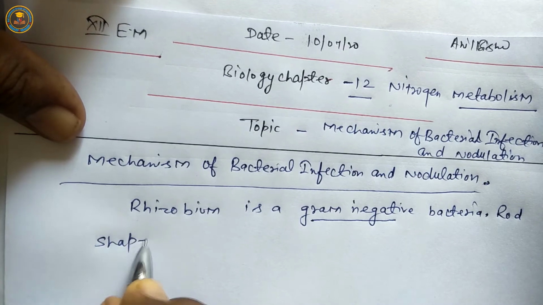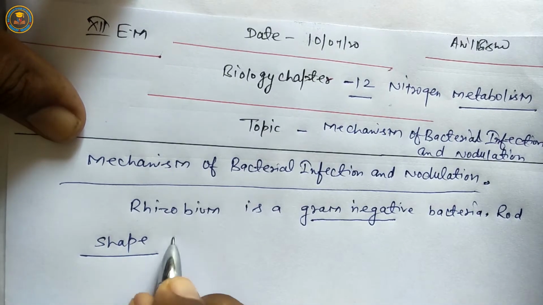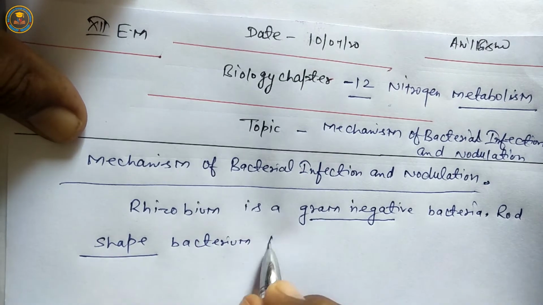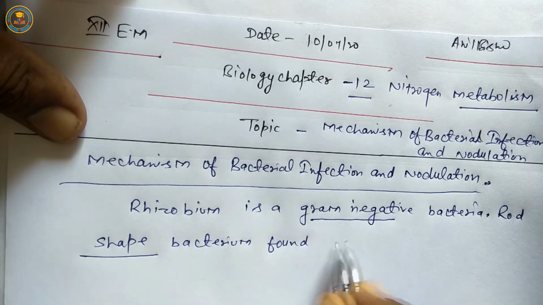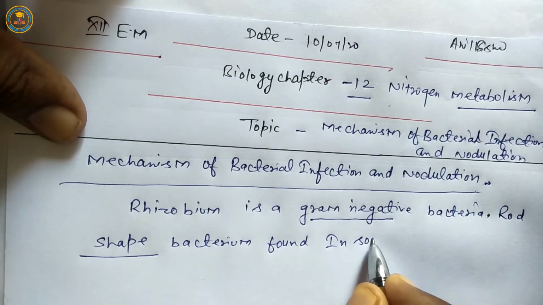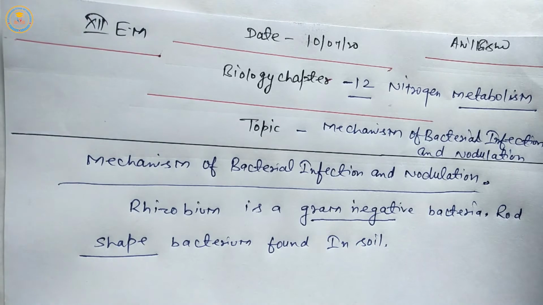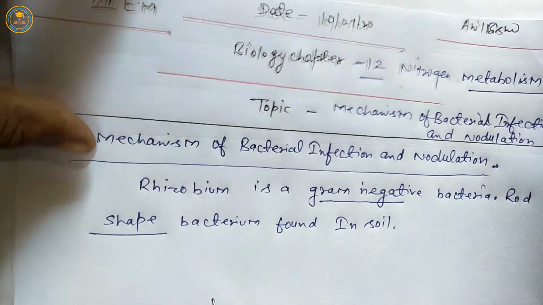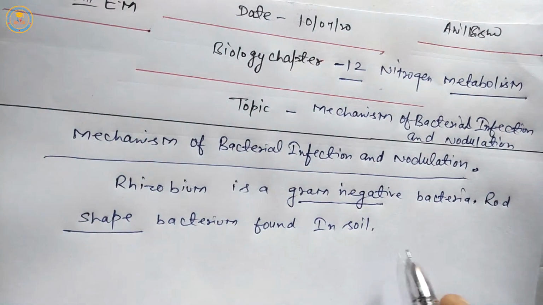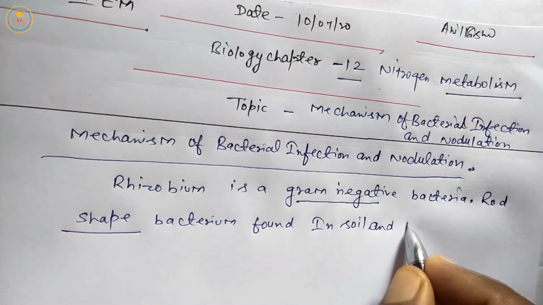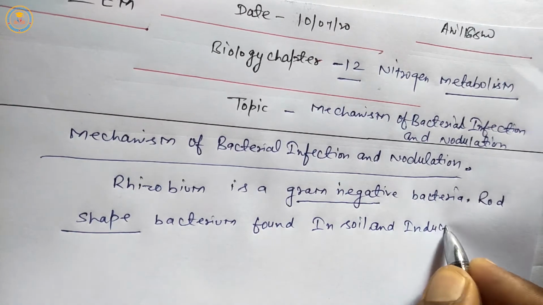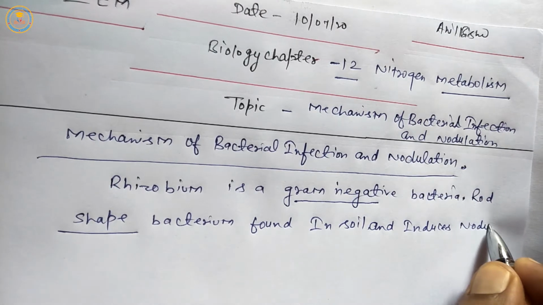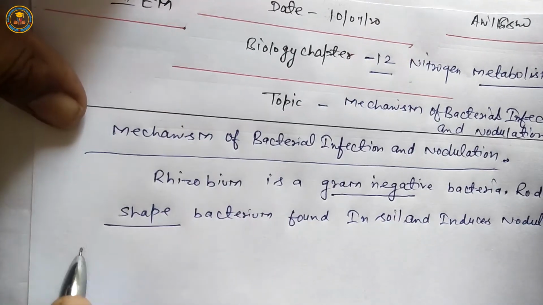It means rhizobium is a rod shape bacterium, found in soil and induces nodule formation.